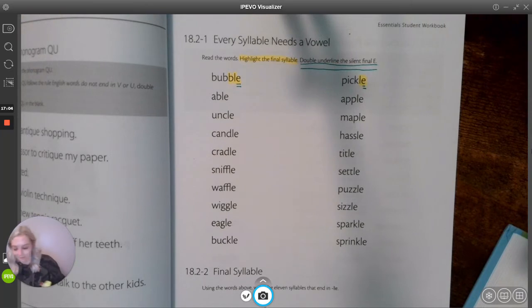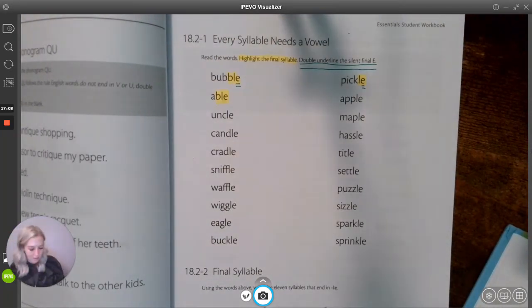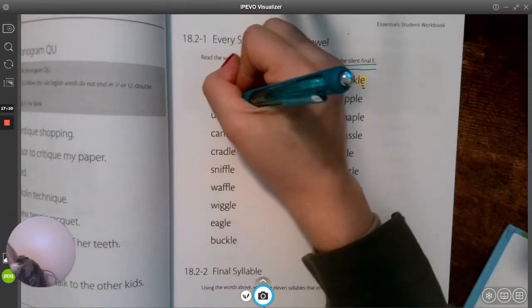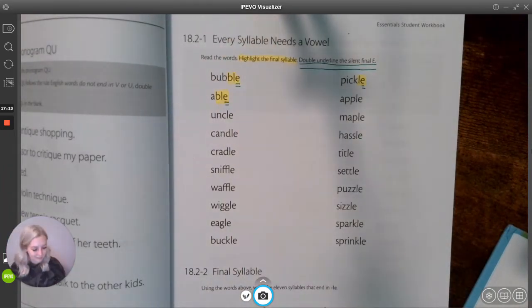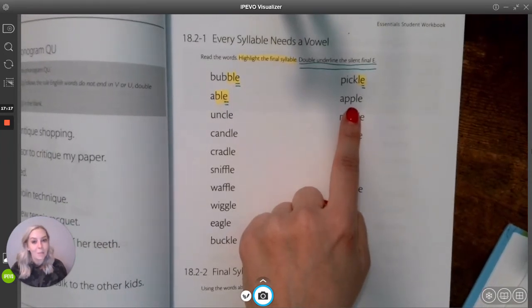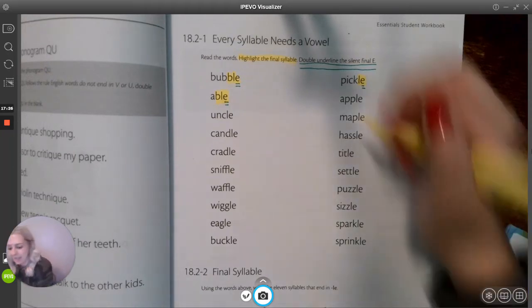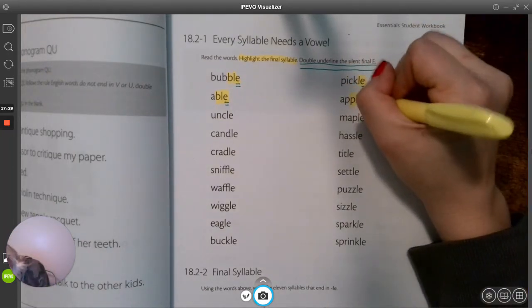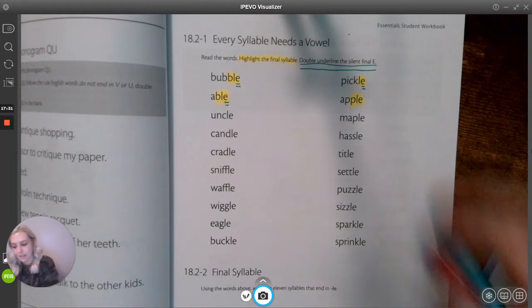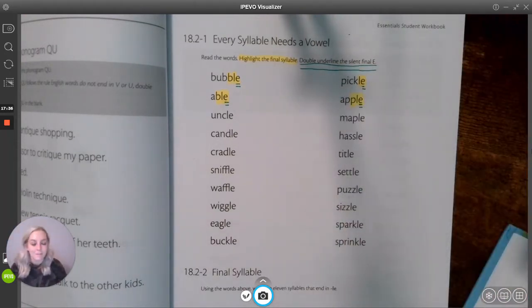B-L-E is our second syllable, and silent final E. Last one I'm going to do with you, apple. P-L-E is our second syllable, and then double underline silent final E.